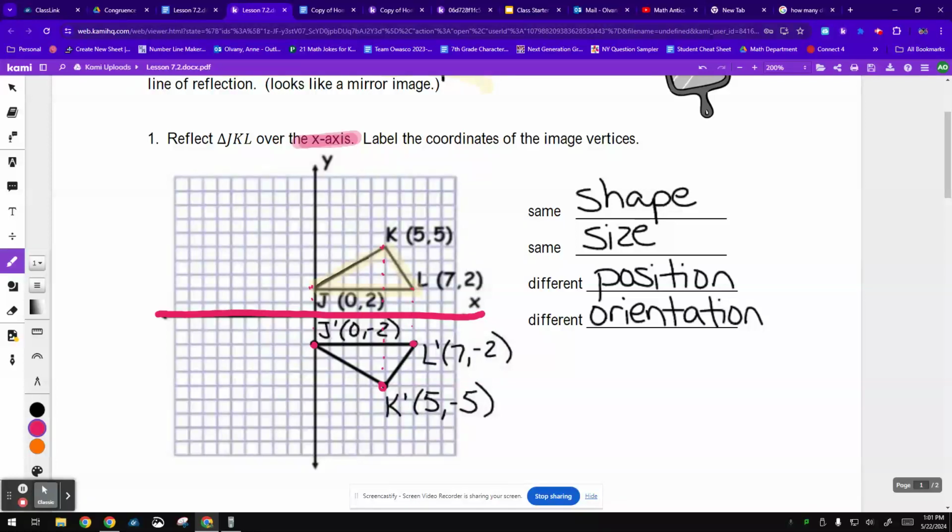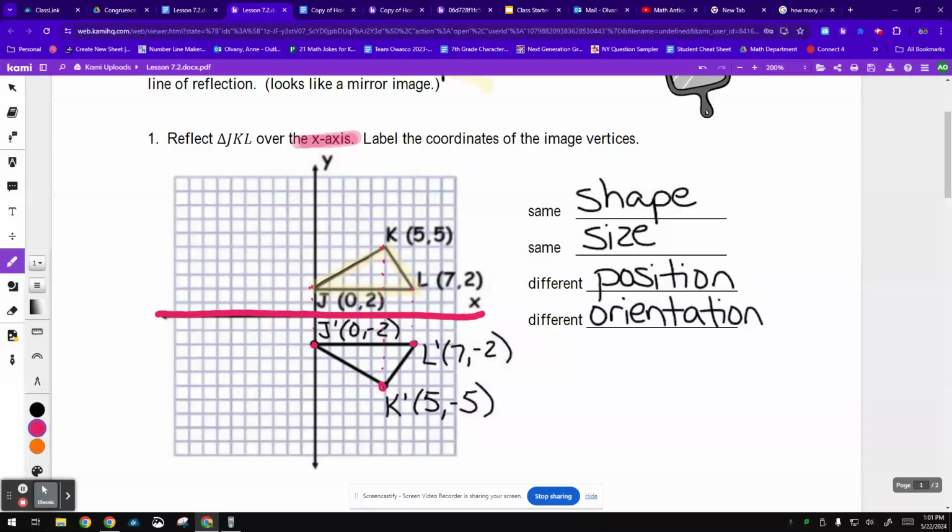Okay? So, let's look at the shape. Did the shape change? No, same shape. Did the size change? No, same size. Did the position change? Yes, different position. It is not in the same place. It is moved. How about the orientation?